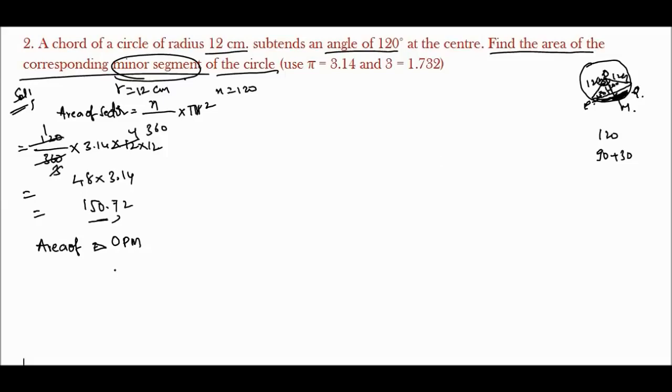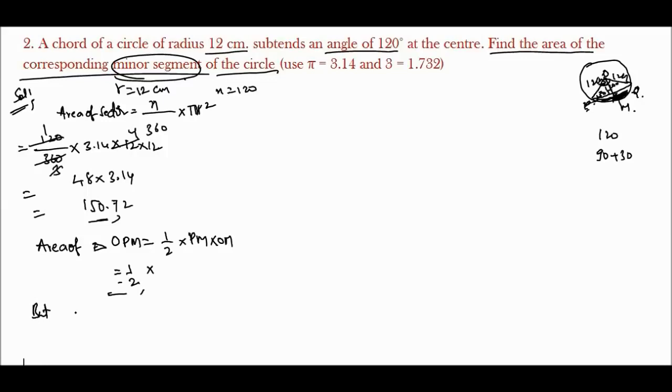The formula for OPM is 1 by 2 into base into height. So PM into OM will come. So half into PM, but PM is not given. We have to find this also and this also. So we keep it here only.